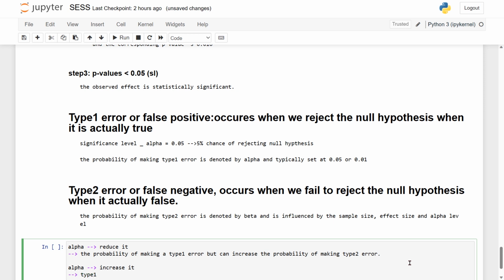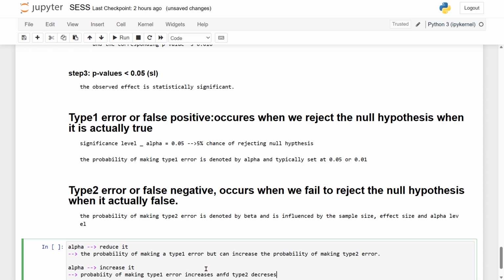So the probability of making type 1 error increases, and type 2 decreases.